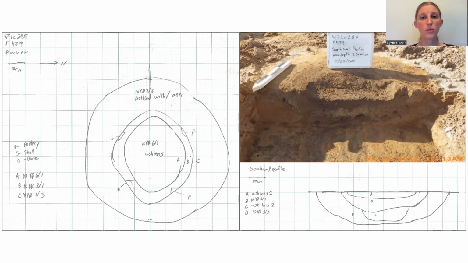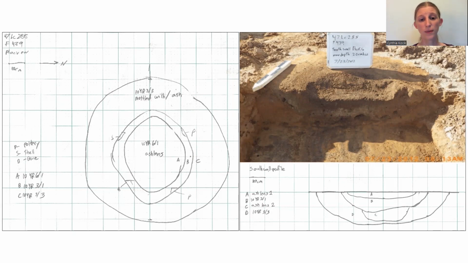This allows us to keep track of where artifacts were found and how that distribution changes with the depth of the feature. After digging the first half, we can see a cross-section or profile view and the depositional episode or episodes represented. For example, a straight-walled basin, a bell-shaped storage pit, or a shallow lens of refuse. On the right is the profile for feature 439.